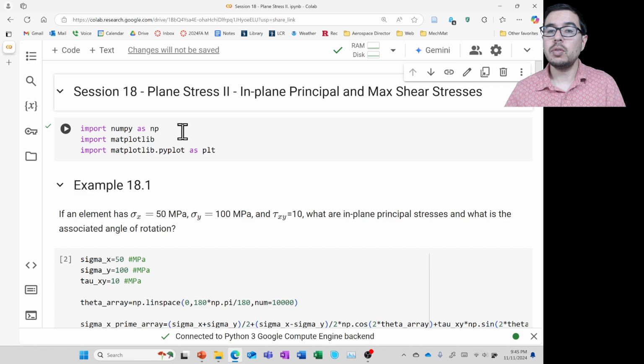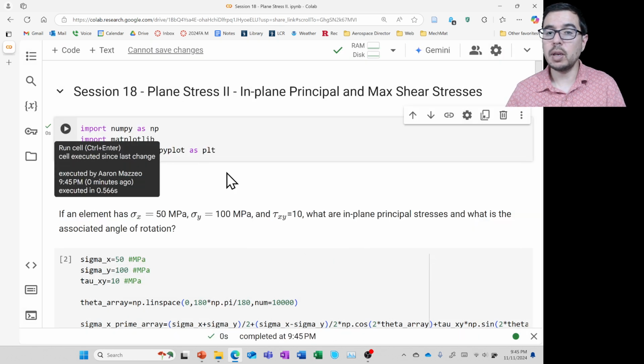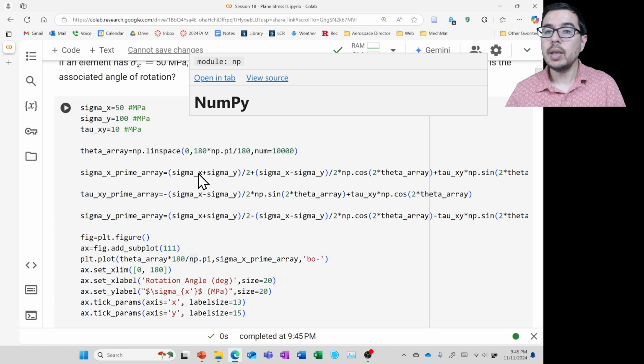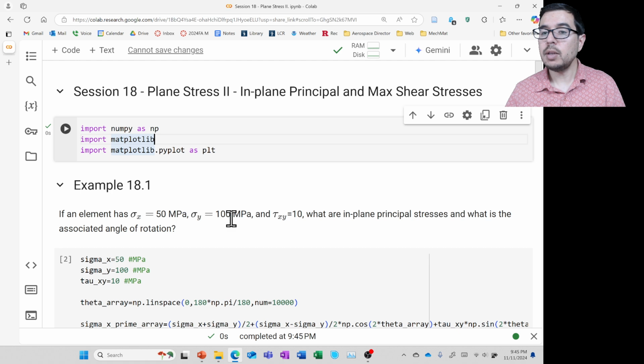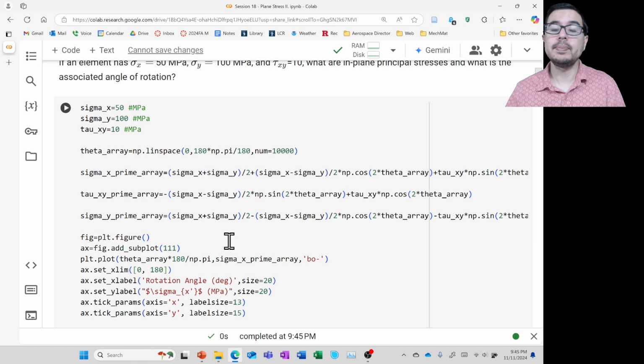So first things first, we're going to run this cell. We're going to say run anyway, and that's just getting the NumPy library and matplotlib library in. We can go down, and 18.1 is actually very similar, and it has the question, what are in-plane principal stresses, and what is the associated angle of rotation to get to this state of in-plane principal stresses.